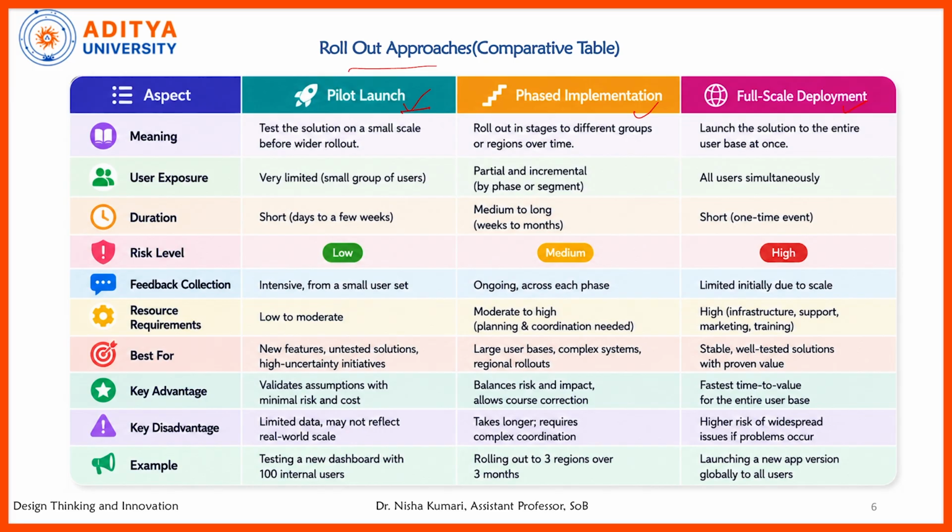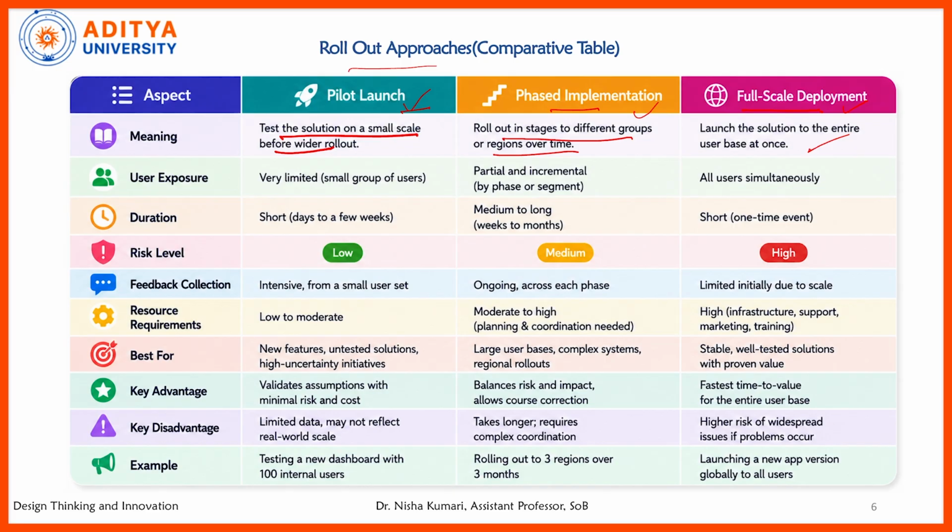While the pilot launch helps in testing the solution at a small scale before introducing the entire product at the country level or the universal level, phased implementation is where we implement the idea in different groups, regions or stages. In full scale deployment, we launch the solution to the entire user base at once.